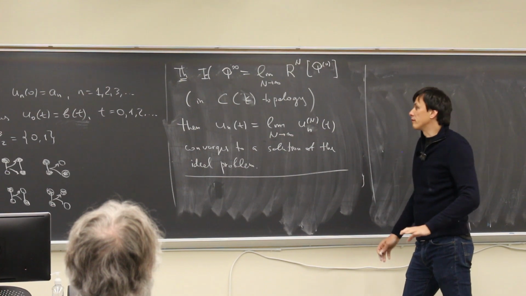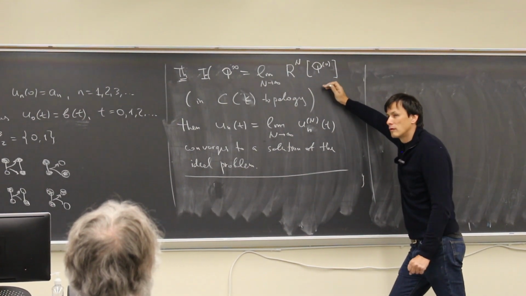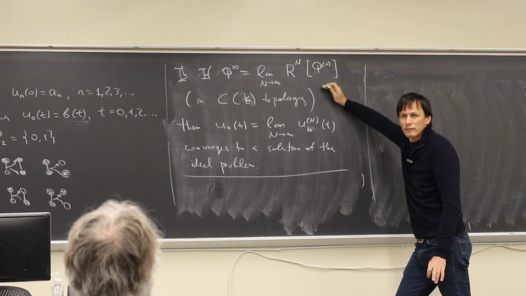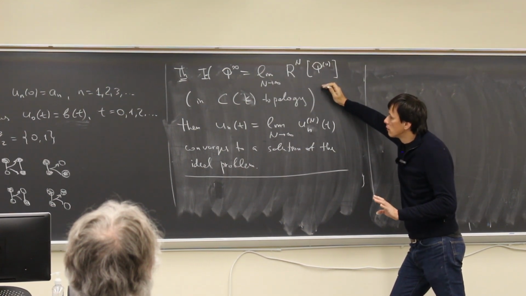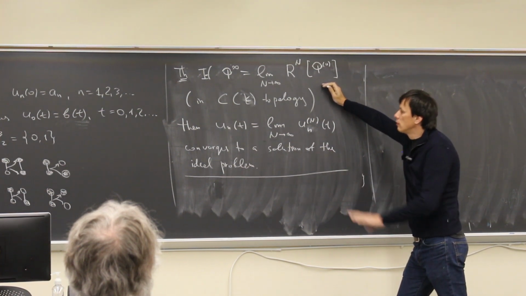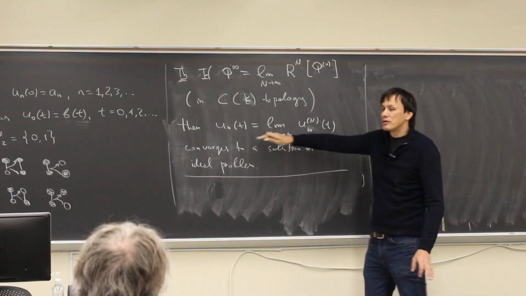So this is an if and only if statement? No, not if and only if. Let's say, in the case B, this doesn't hold and this doesn't hold. Right? At least for some initial conditions.